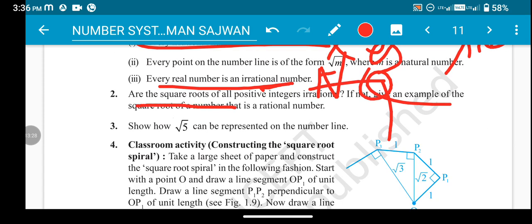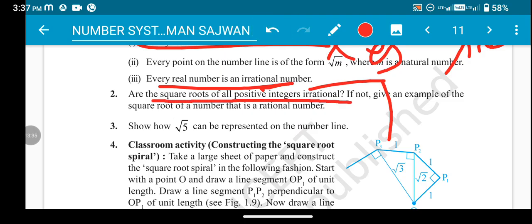Are the square roots of all positive integers irrational? If not, give an example of the square root of a number that is irrational.